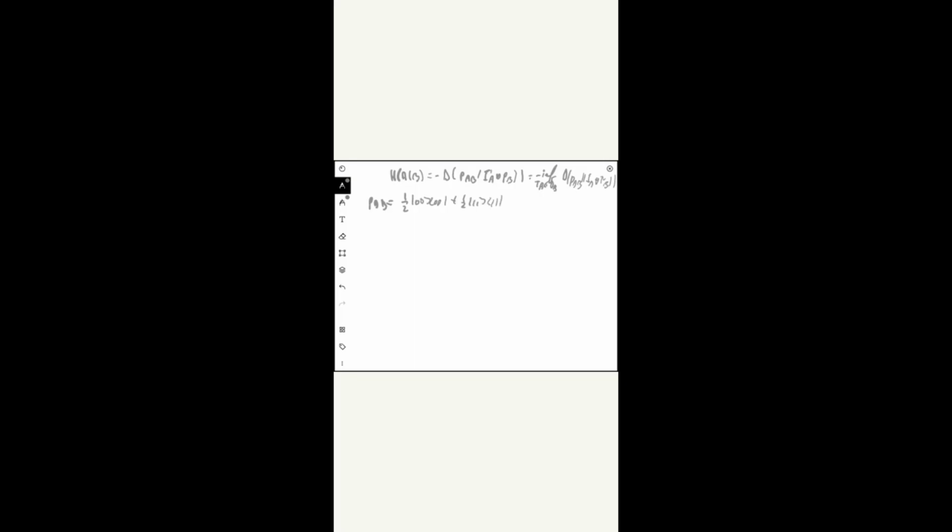If we calculate the entropy from the eigenvalues, 1 over 2 and 1 over 2, so H of rho AB is just minus 1 over 2 log 1 over 2 plus 1 over 2 log 1 over 2, which is like minus 1 over 2 minus 1 over 2, which is equal to 1.